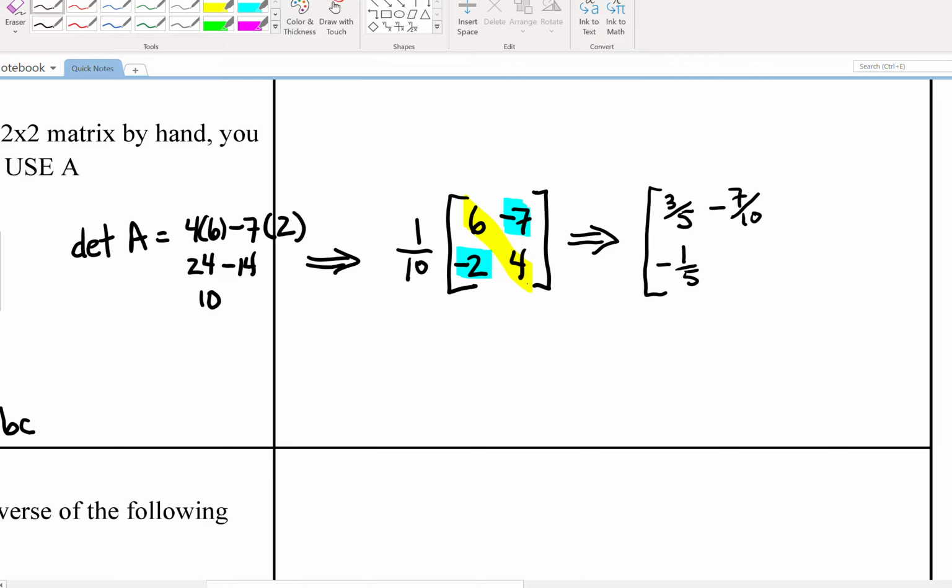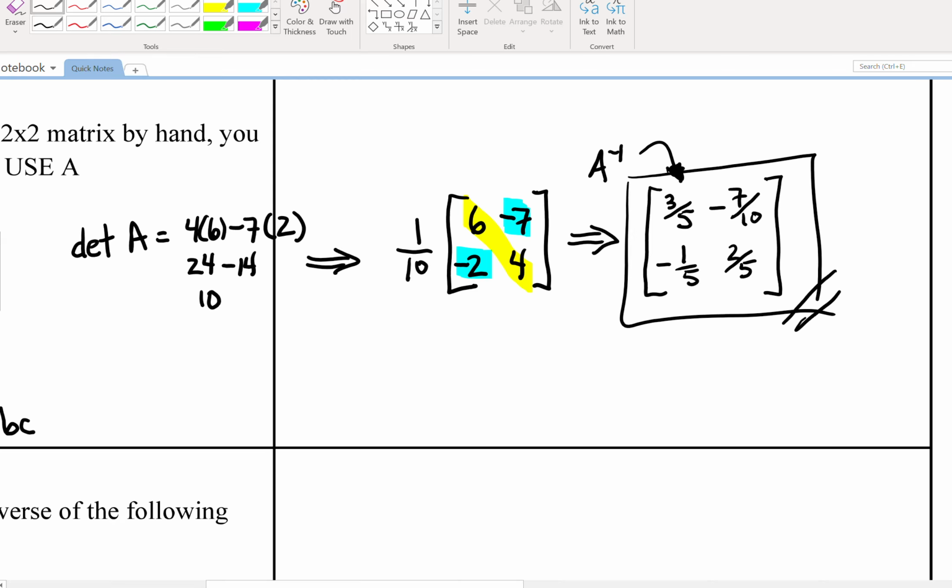And then 1/10 times 4 is 4/10, which would be 2/5. And so this then is A inverse, the inverse of A. Done.